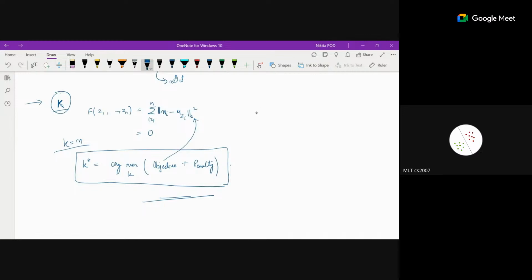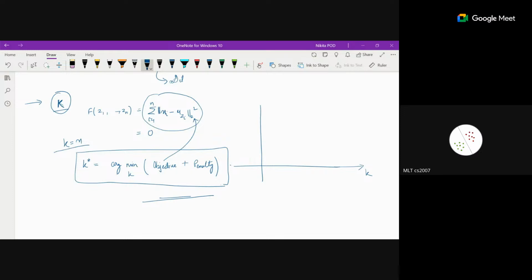So I'll tell you what is being discussed. Let's say you have your K, the number of clusters we're talking about, and this is the objective. I know this is convex.